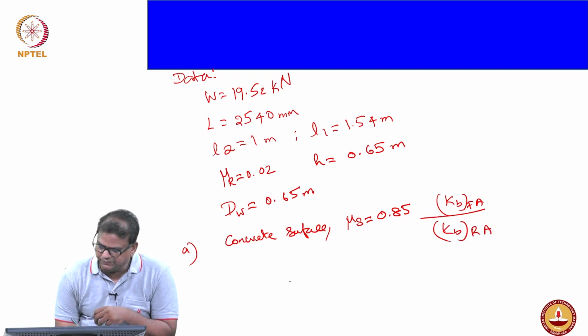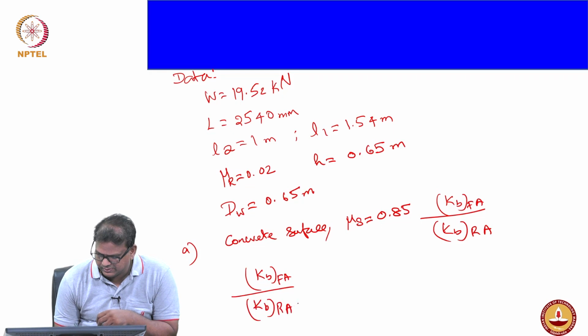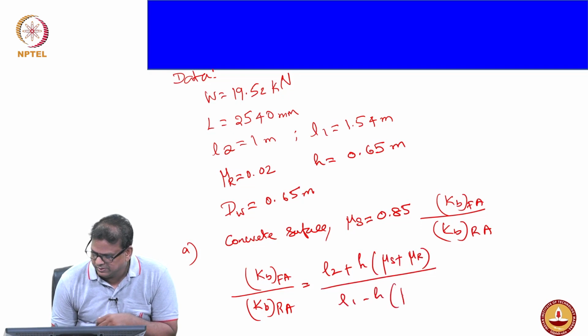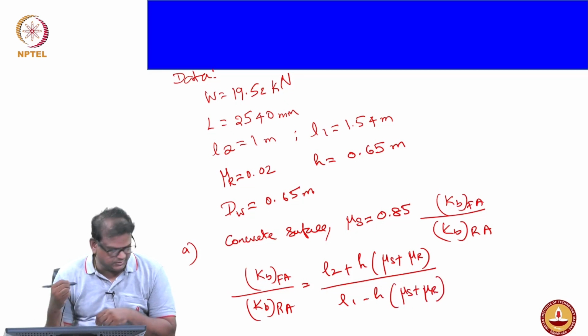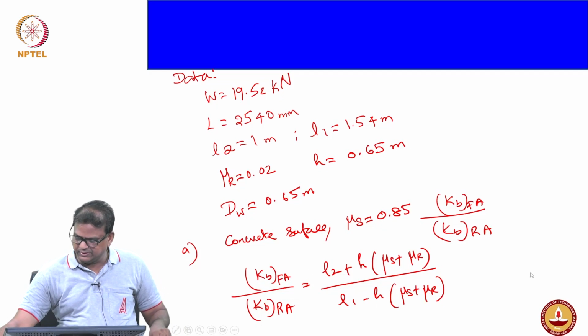So if you want to write the equation, KB front axle over KB rear axle equals (L2 + H(mu s + mu r)) divided by (L1 - H(mu s + mu r)). Can you substitute the values in this equation?